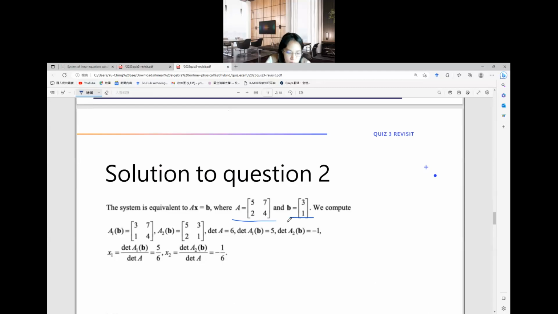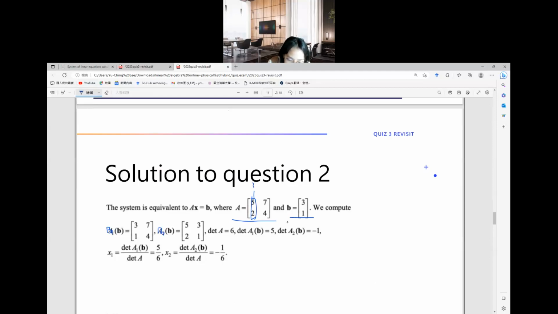So, okay, the A matrix is this one, the b vector is this one. I have B1, or B2, the same thing. I use the b vector 3, 1 to replace the first column. The first column is replaced by 3, 1. So that becomes 3, 1, 7, 4. That's my first B1 matrix.